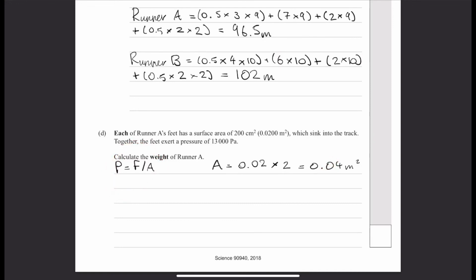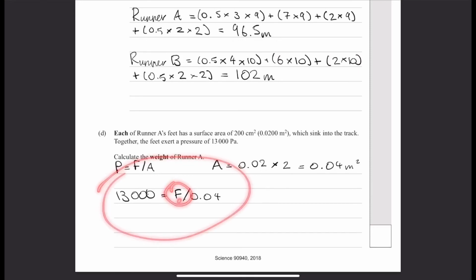So we'll say 1300 pascals, or newtons per meter squared, equals our force over our area, which for us is 0.04. And we're going to rearrange this equation to make F the subject of it. So we can see that it's F over 0.04. We want to get rid of this, and seeing as it's divided, we're going to times it by 0.04.